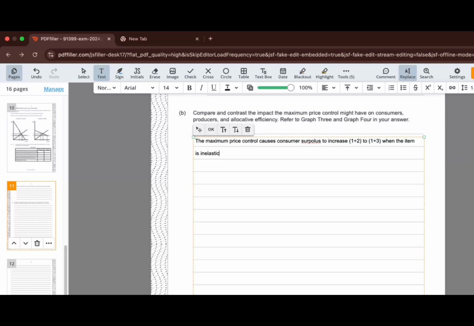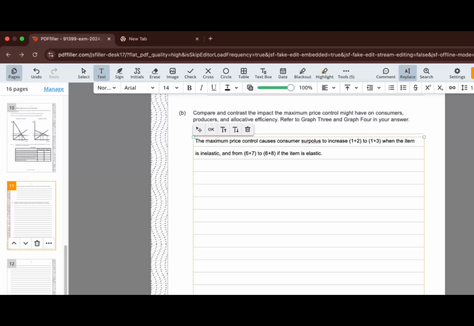Okay, and from 6 plus 7 to 6 plus 8 if the item is elastic. Okay, right, guys, so just remembering back to the graph before, just referencing that at the start, guys. So I've kind of got both of those in there.